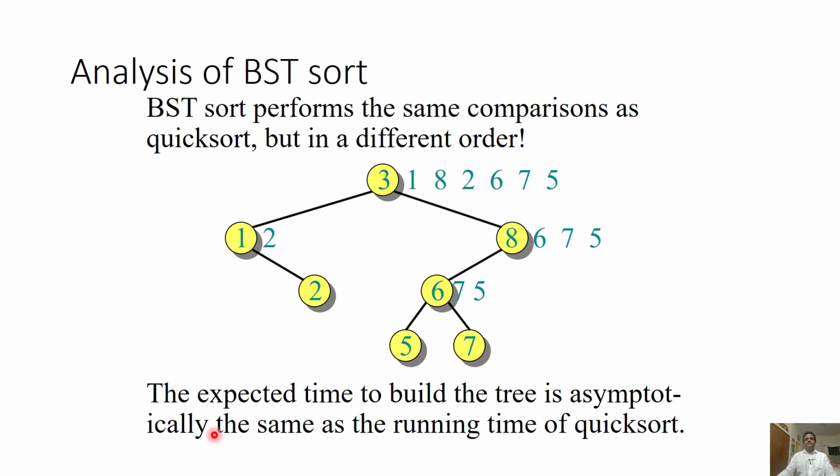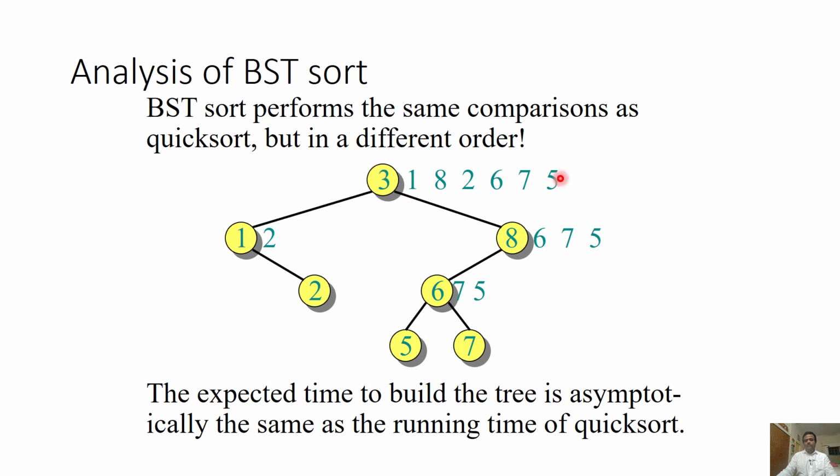Now if we have a randomized version of both the sorting algorithms. What do we mean by a randomized version of BST sort? We are given this input, and we just randomly permute it. Suppose this is our input and we have to sort it using BST sort.